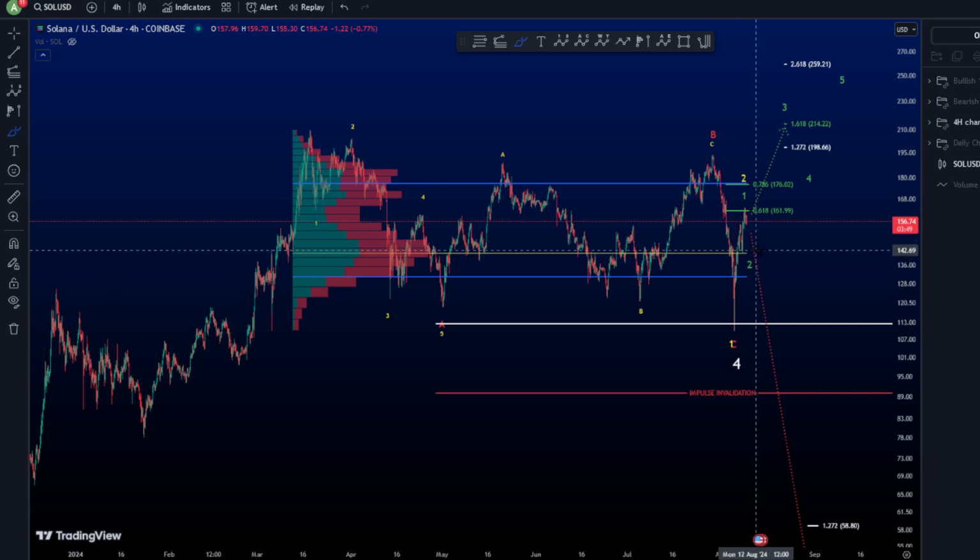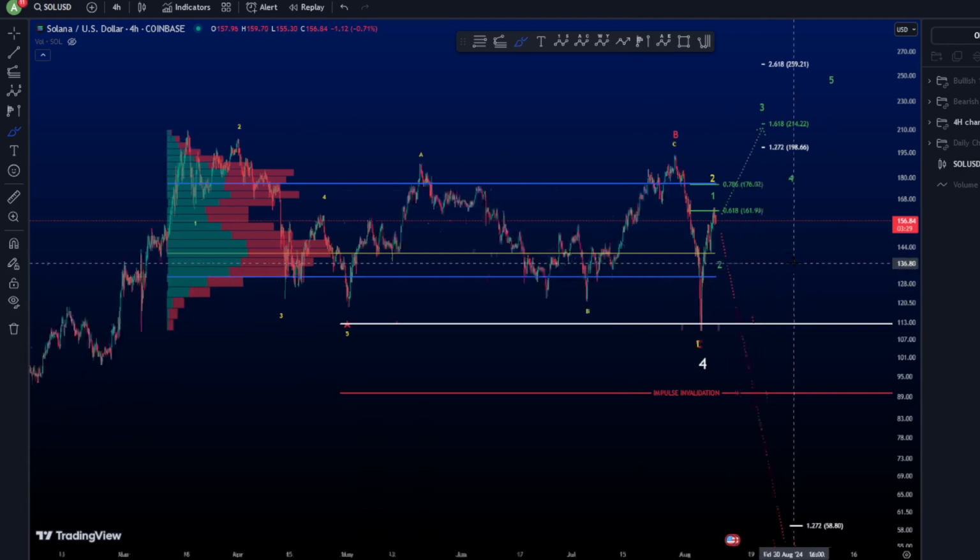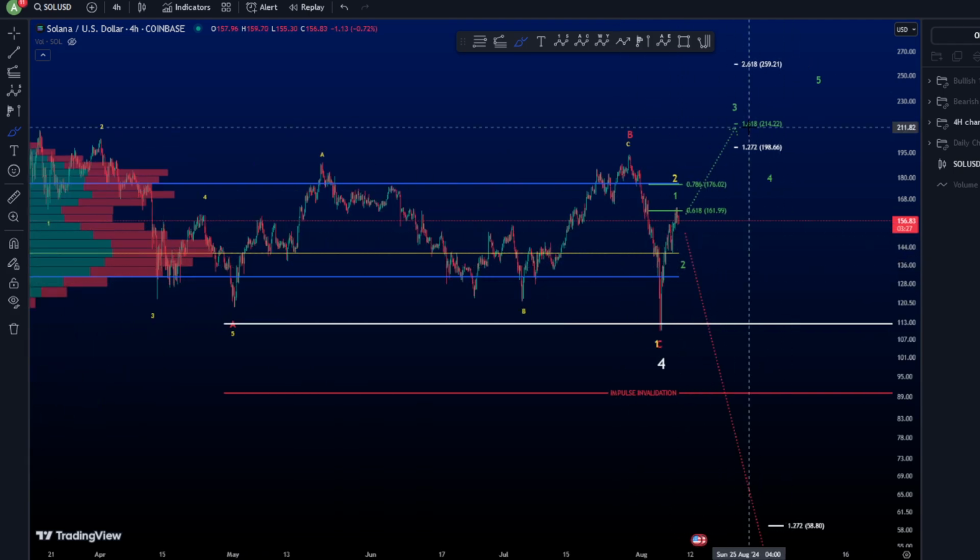And the most important thing is that we are even higher than the point of control. This is not the case inside Bitcoin and many other altcoins, like Ethereum. So this is a great indicator for Solana that the possibility tends to be higher to be bullish than bearish.